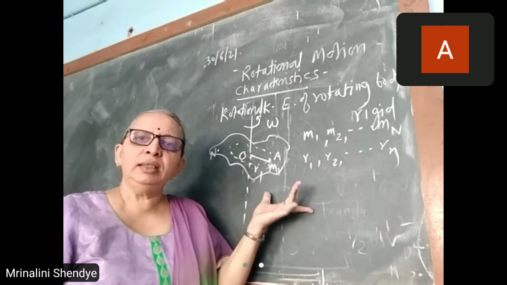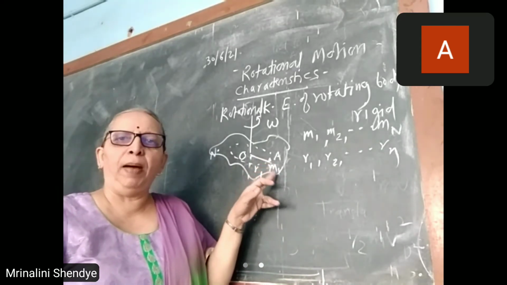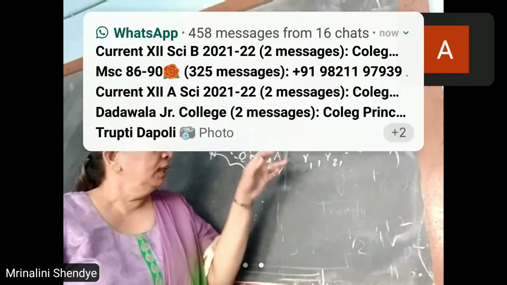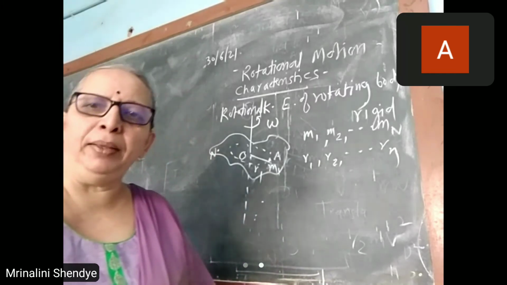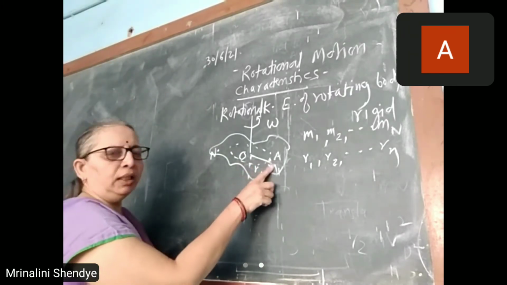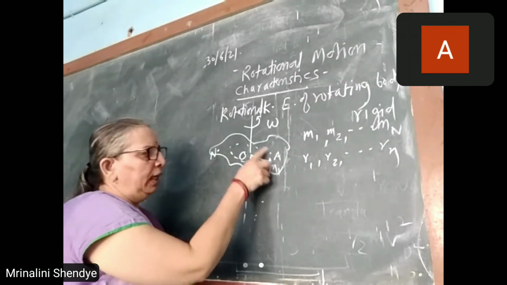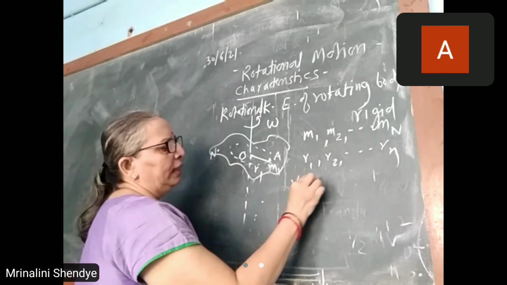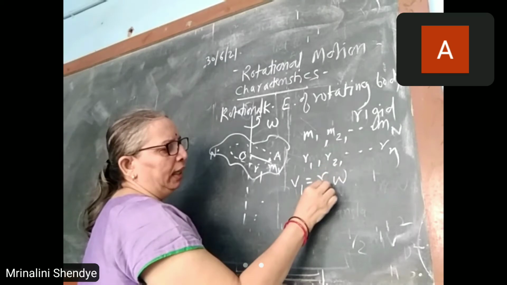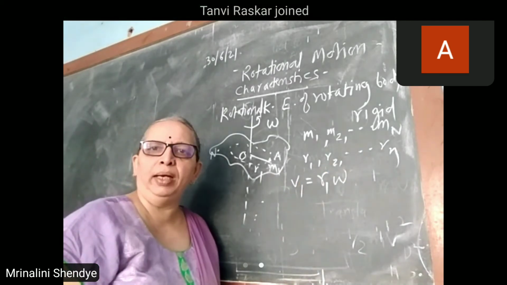So consider the linear velocity of the particle of mass m1 situated at point A. The linear velocity with which this particle is in circular motion we can write as r omega, that is, r1 omega.